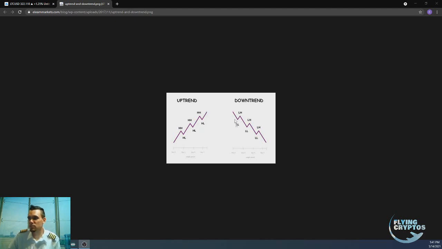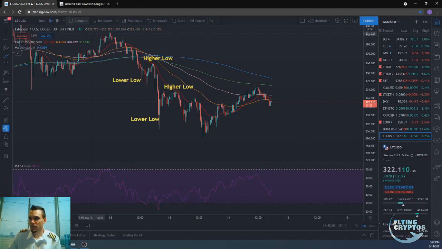Same thing with downtrends. Lower low, lower high, loss of the lower low, create a new one, and we continue down. So let's take a look at a 30-minute chart here on Litecoin. This right here was a 30-minute downtrend. We reversed, had a reversal signal here, which was an inverse head and shoulders, but we'll go over all that pattern stuff in the next episode.